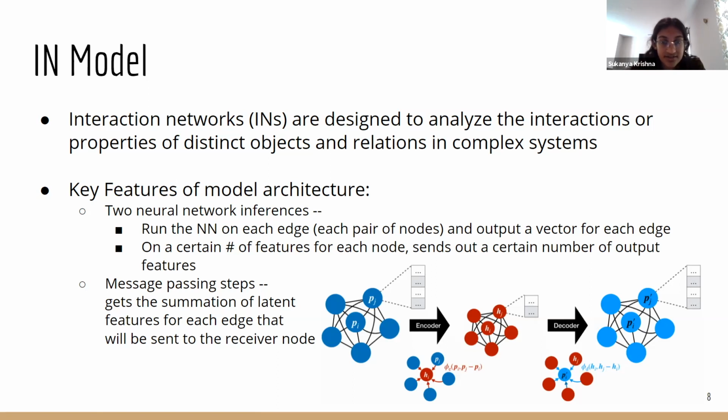Interaction networks reason how objects in complex systems interact. So IONs are designed to analyze the interactions or properties of distinct objects and relations in complex systems.